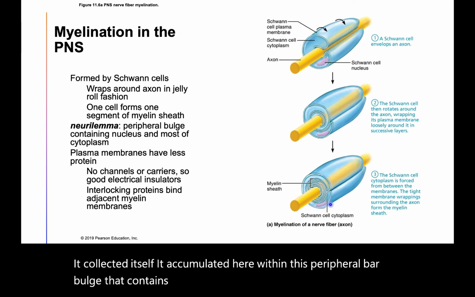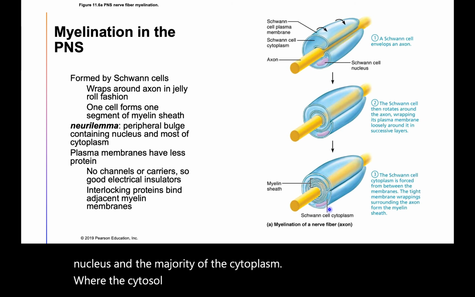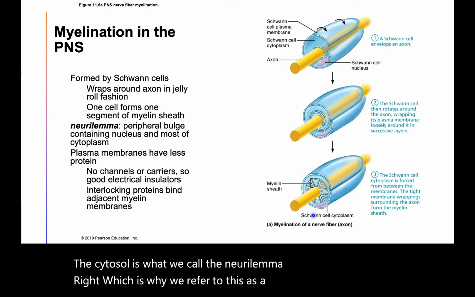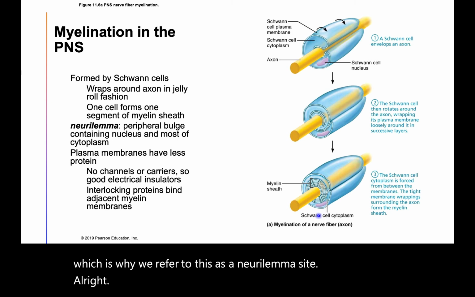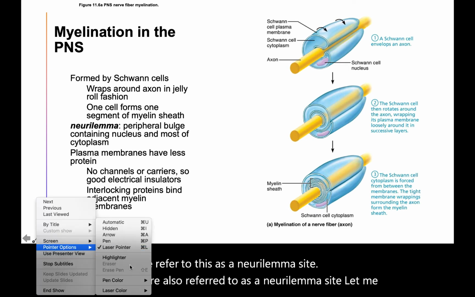Well, that bulge that contains the nucleus and the majority of the cytoplasm, or the cytosol, is what we call the neurolemma. Which is why we refer to this as a neurolemmacyte. Schwann cells are also referred to as a neurolemmacyte. Let me spell that out for you guys since it's not on there.